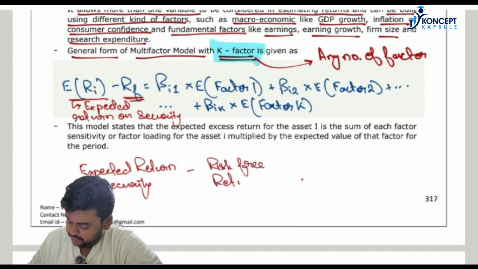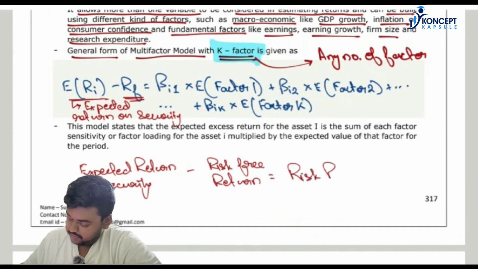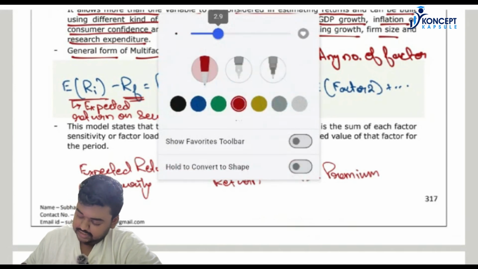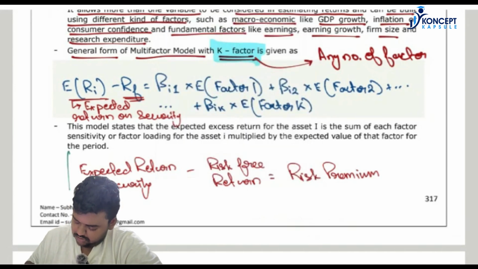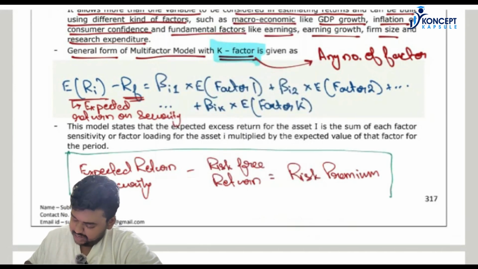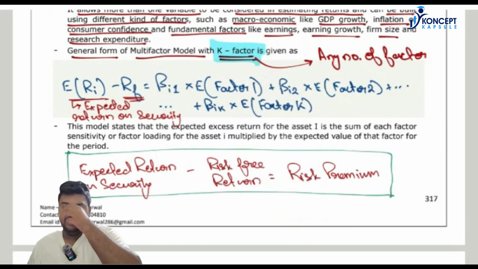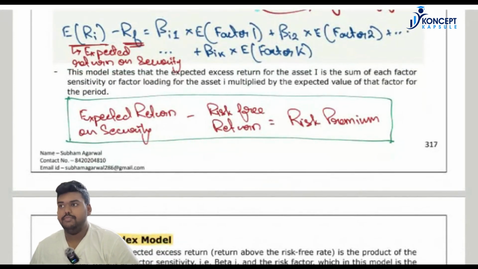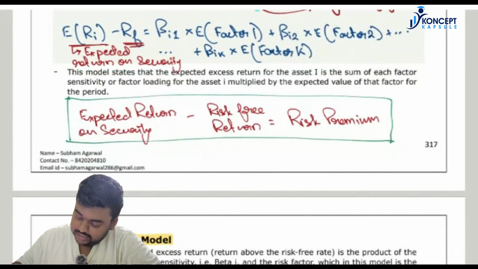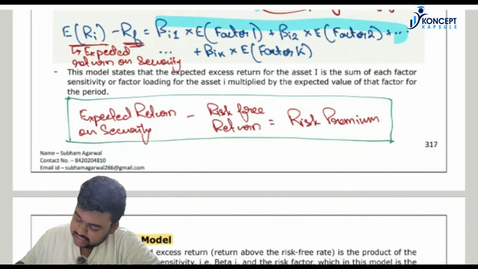It is equal to the risk premium. Guys, please note it. This is a very important concept. You should write it down. When the risk-free return is deducted from the expected return of the security, what we get is the risk premium. Okay. So this entire term that we are seeing is nothing but the risk premium.